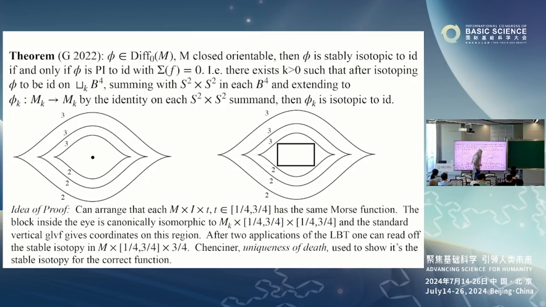What's different is that as you go from left to right, the gradient-like vector field changes. So if you clean up and normalize this picture, then every point in here is canonically a manifold connected sum with some number of S2 cross S2s.